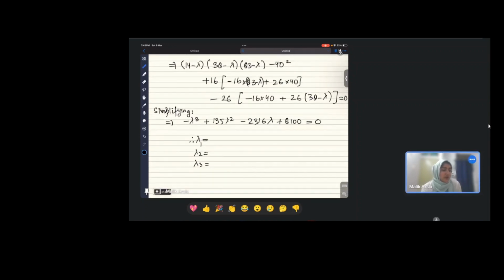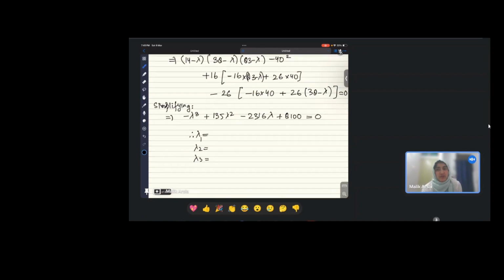Up to a cubic equation, you can expect questions, because the characteristic polynomial up to cubic level can come in your exams as well. I'm not sure if they will go higher than that. They probably won't, but cubic you can expect in matrices, where sometimes you will have to calculate eigenvalues of a cubic equation. So these sort of questions might come in examination as well.